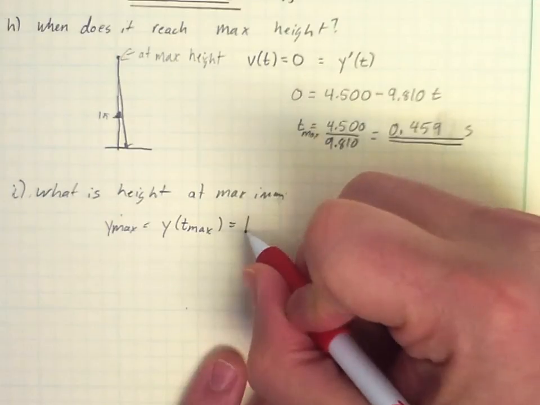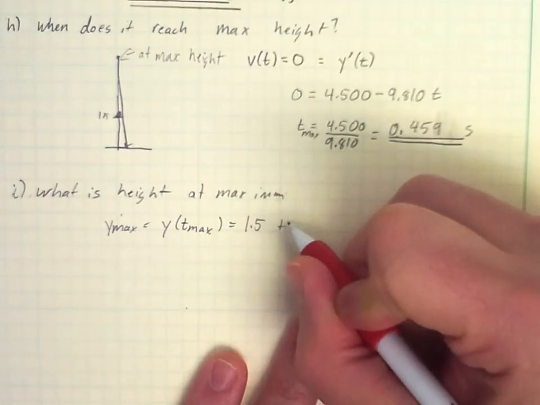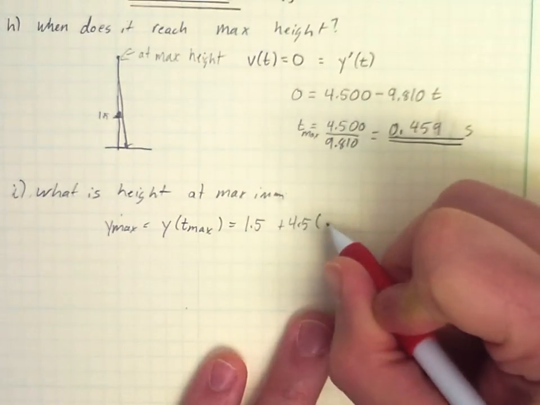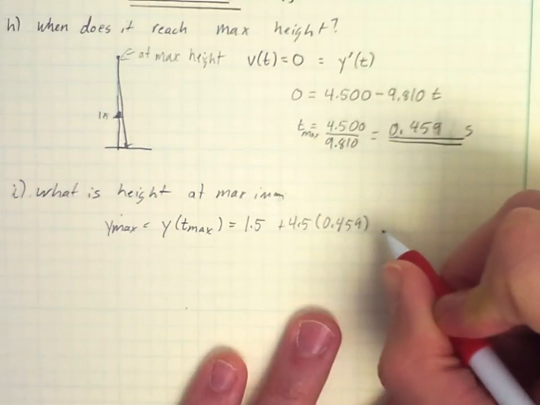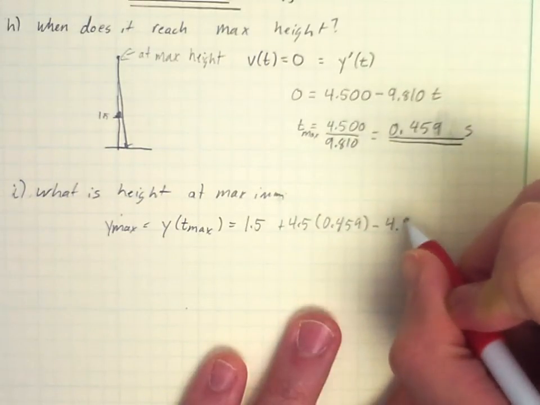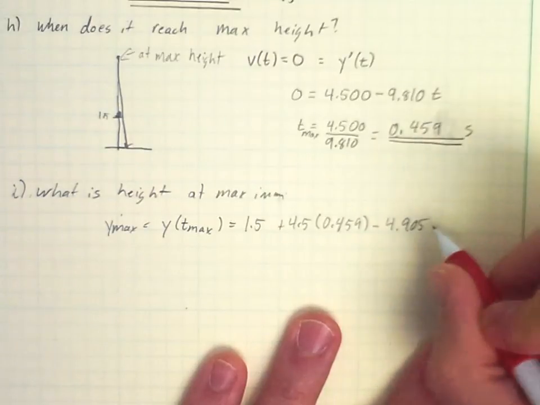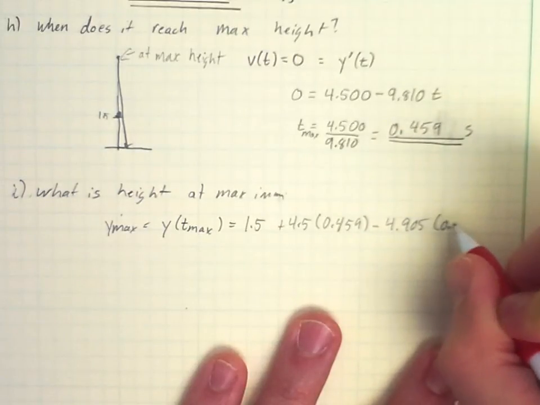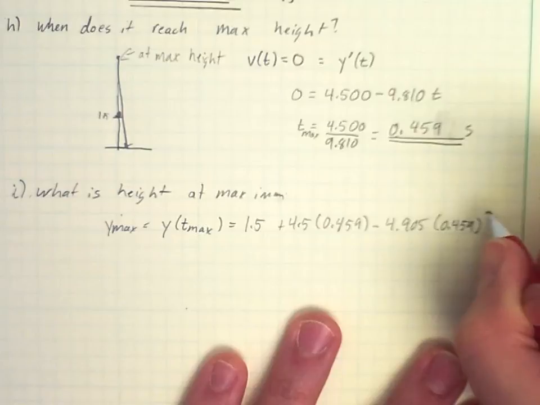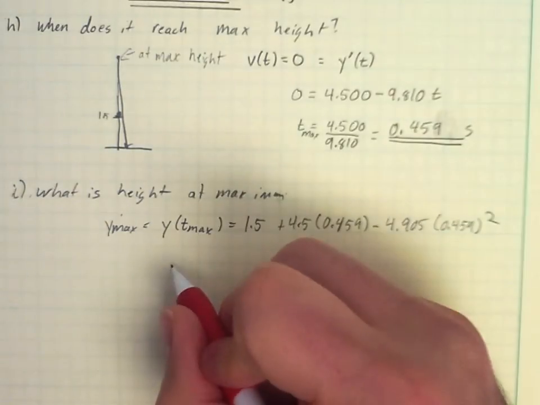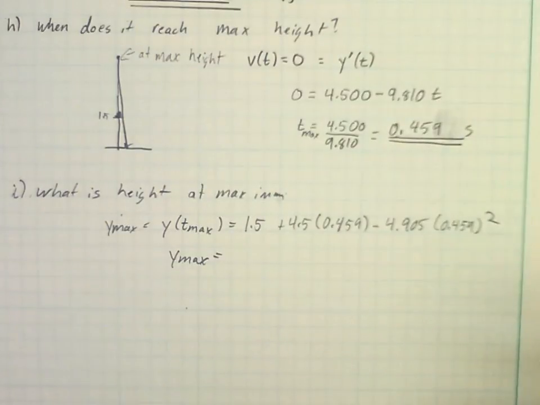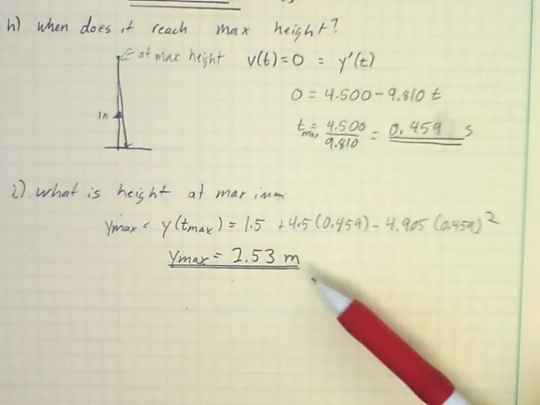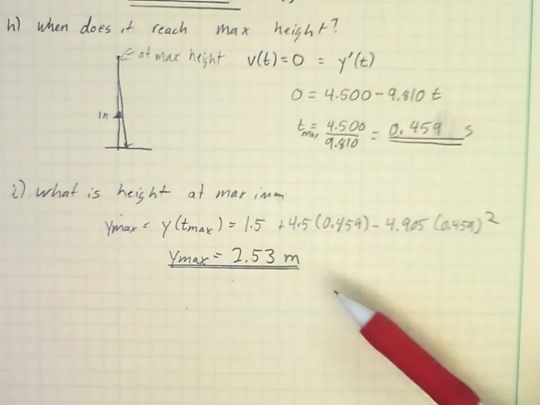But it's just going to be 1.5 plus 4.5 times 0.459 minus 0.4905 times 0.459 squared. So Y max is, so our maximum height is 2.53 meters.